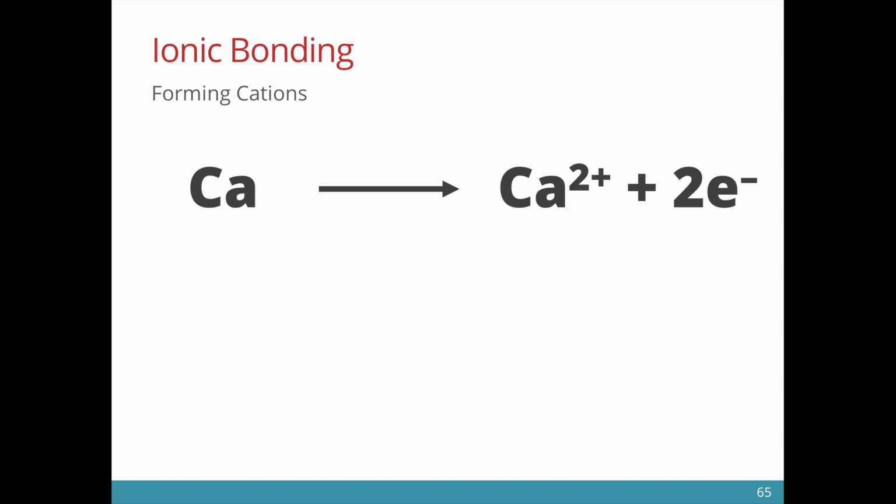Again, to write the ionic equation, calcium atom on the left forming calcium ion on the right, and it leaves us with two electrons that are lost. Remember that in an ionic equation, the charges must balance on both sides, meaning that on the left side there is no charge. On the right side there is 2 plus and 2 minus, which cancel out, making it 0.